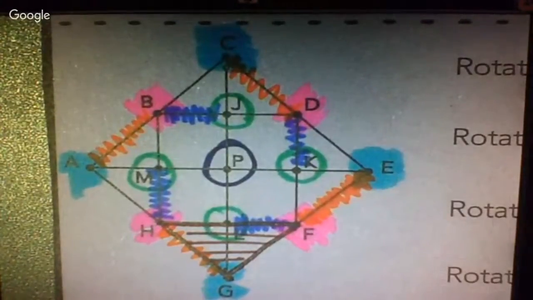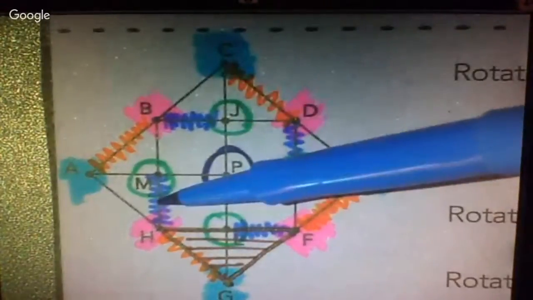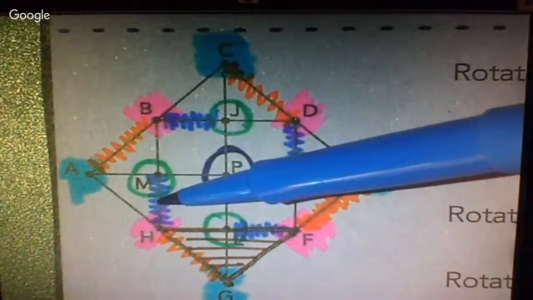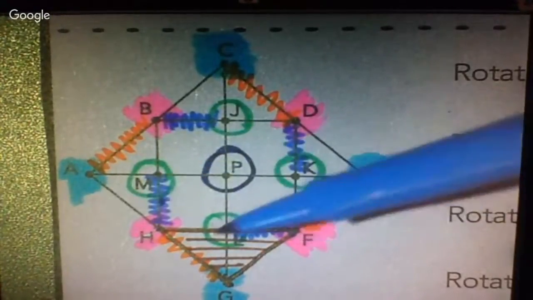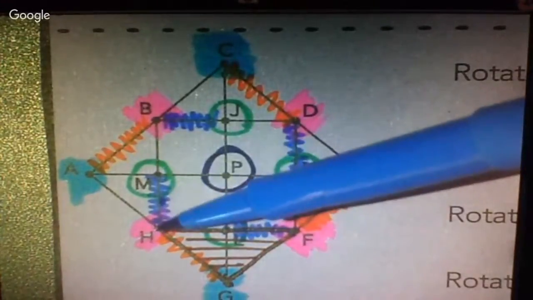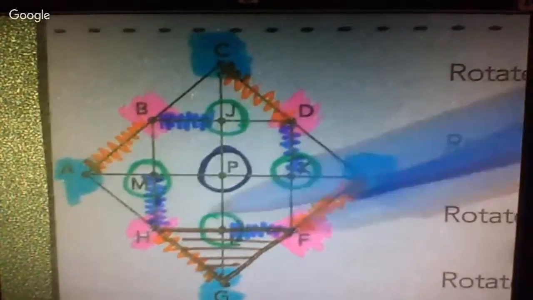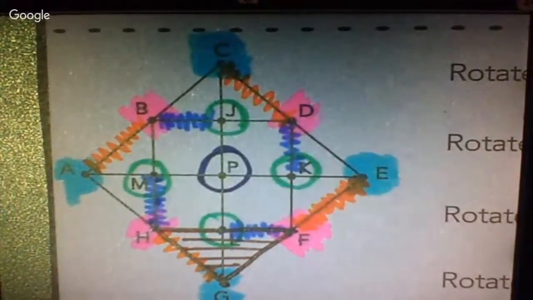Nice catch. So if I'm at HM and I'm going 90 degrees, F to L. Be careful. Remember, I go from H to M. H goes with F, so F should be listed first. L should be listed second.